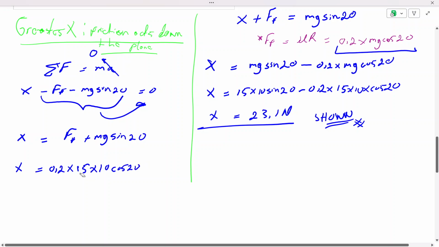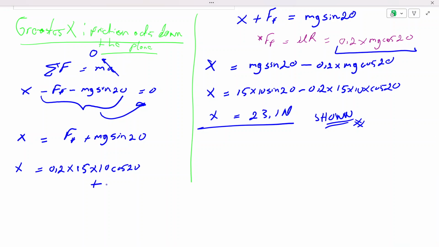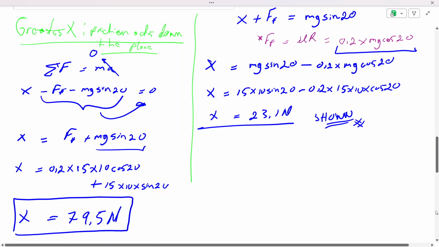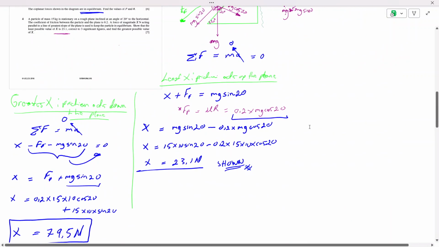Then I'm going to add that to the mg sine 20, which is 15 multiplied by 10 multiplied by sine 20. When I plug that in the calculator, I get an answer of 79.5 newtons. And that's how you work out question 4.